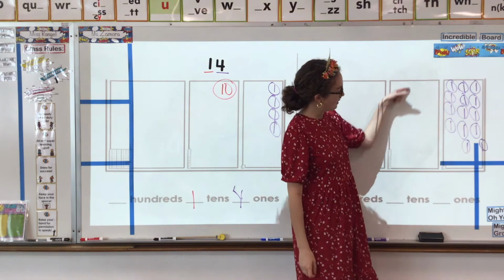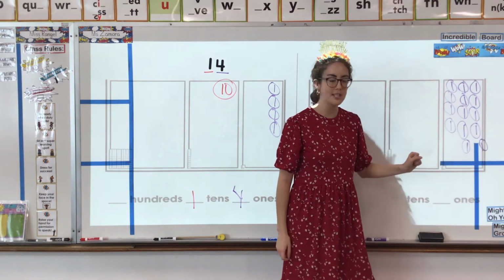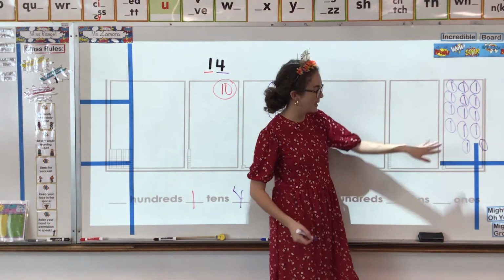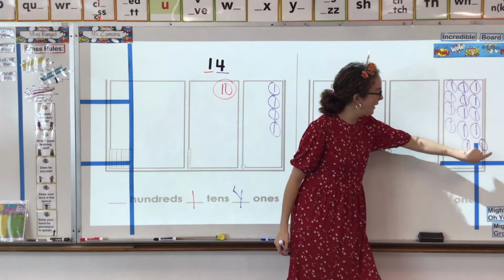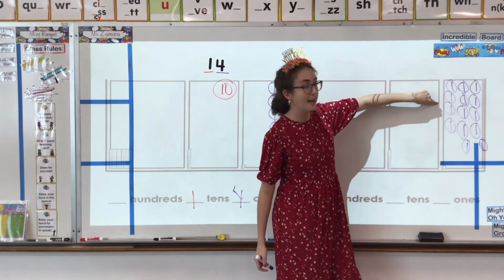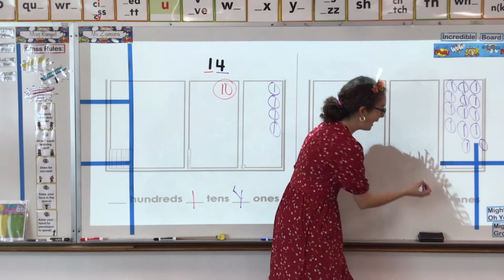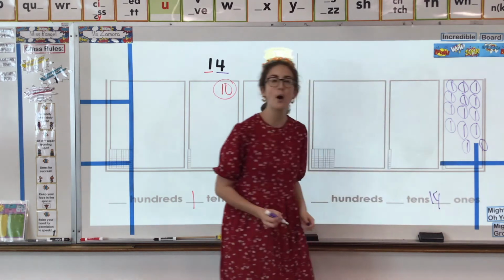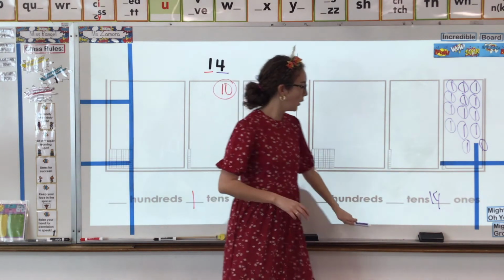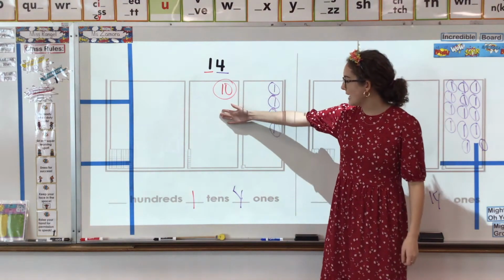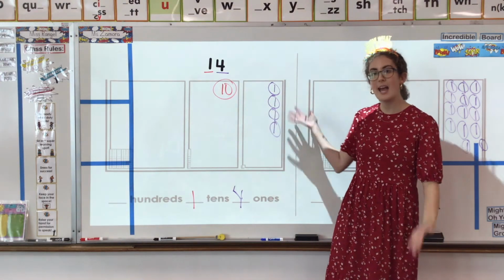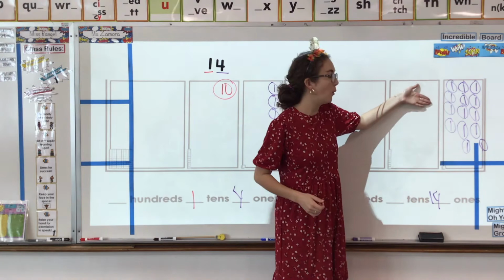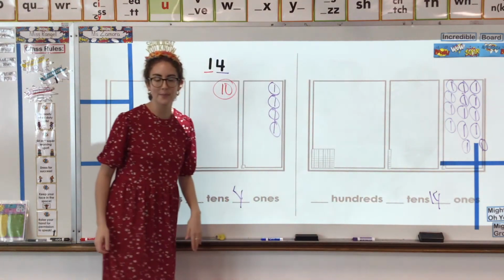So second grade, how many ones do we have all together now? How many ones is this? 5, 10. We now have 14 ones. We took 1 ten and 4 ones and changed it into 14 ones.